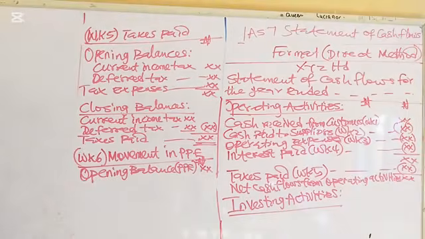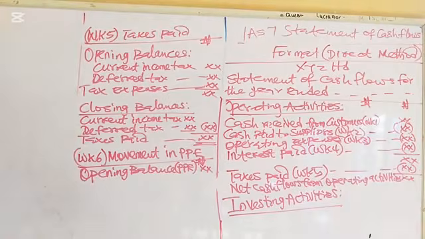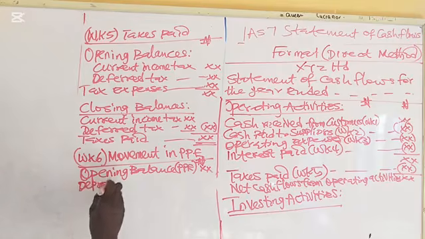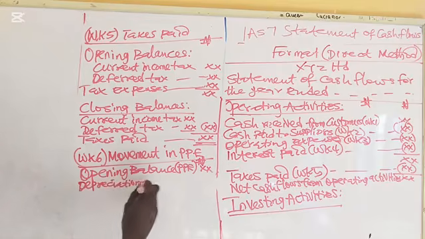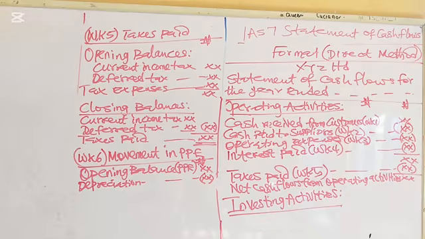There are a number of adjustments that will affect the PPE. Number 1 is what? Depreciation. Depreciation reduces PPE. Which depreciation is to be considered here? The one charged for the year, not the one accumulated for prior years. The depreciation charge for the year is what you need.